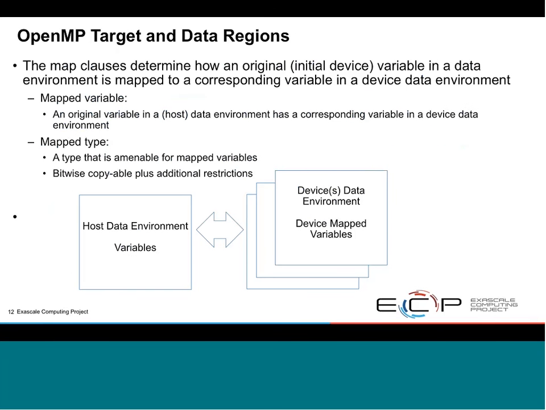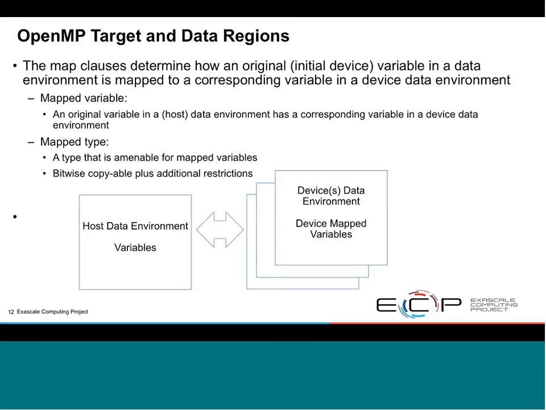One of the things that is very important is the concept of data environments, and OpenMP supports multiple accelerators as well, and it can create data environments on the different accelerators and map variables across them. This is important to know because once there is a data environment in the accelerator, you can map variables, which are basically an original variable in the host that has a corresponding variable in the device environment.